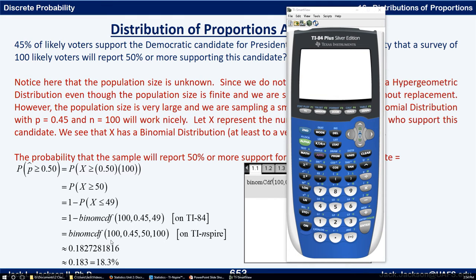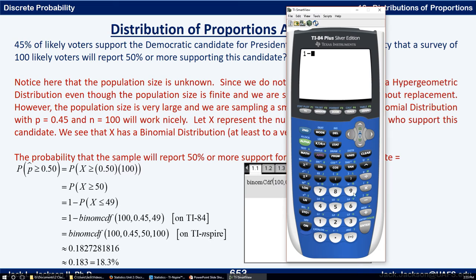Now remember, the binomial CDF on the TI-84 only goes from 0 up to the x value. Well, we want the probability from 50 on up higher. So what we want to do is subtract from 1 the probability from 0 up to 49. And that'll leave from 50 on up higher. And so we enter that in this way.